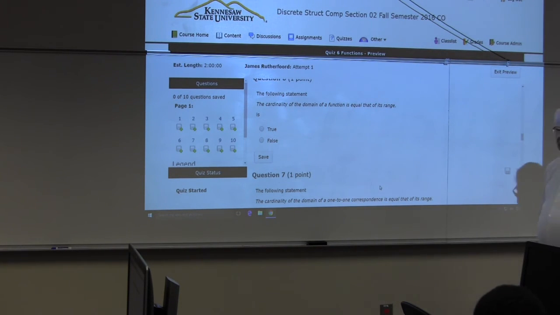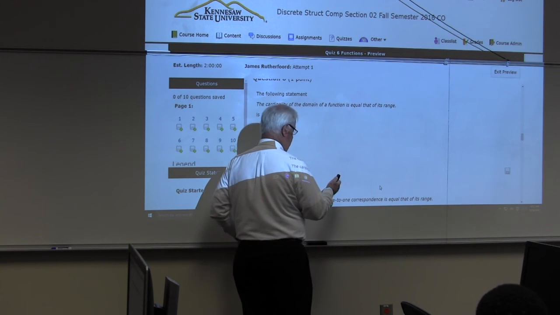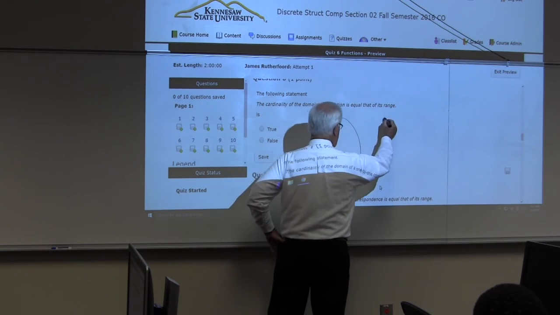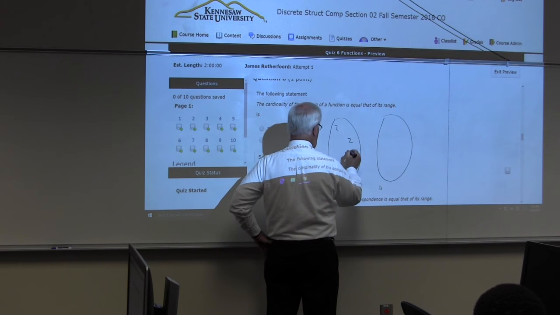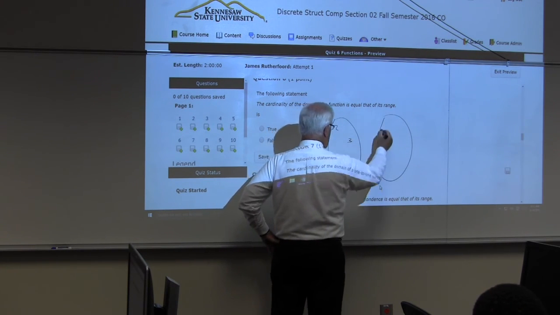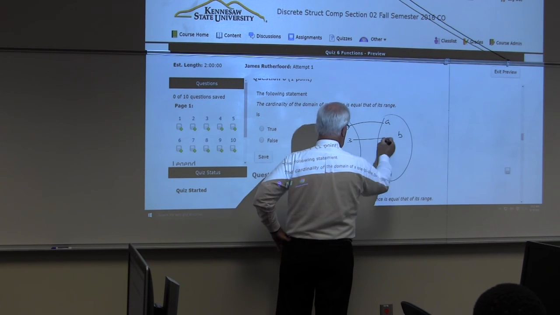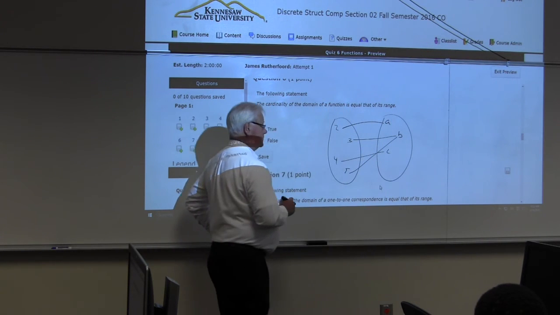Okay. But if you're not onto, and you're not one-to-one, remember the range has to have arrows coming to it, but still I could have 1, 2, 3, 4, and A, B, and C. Now, that's a function, isn't it?